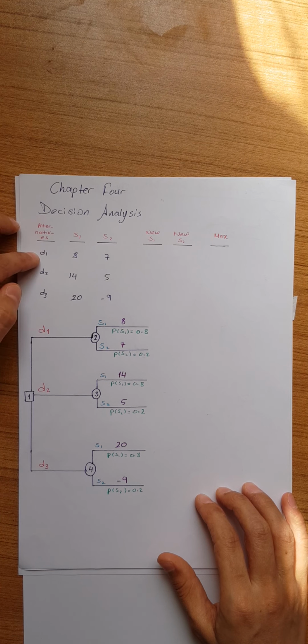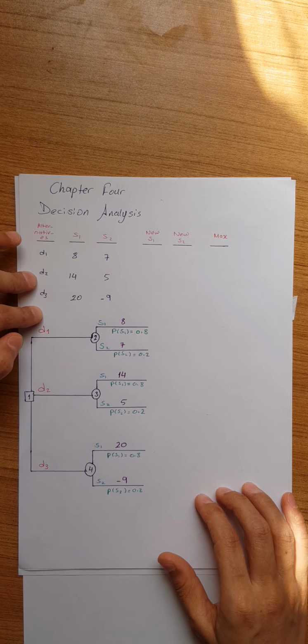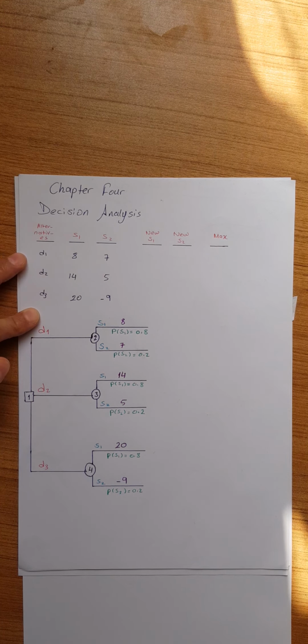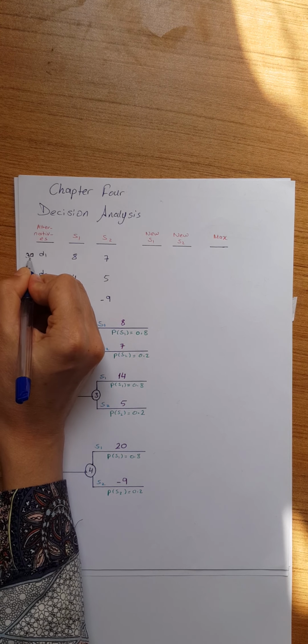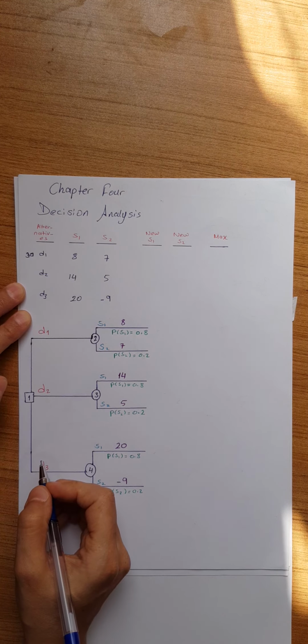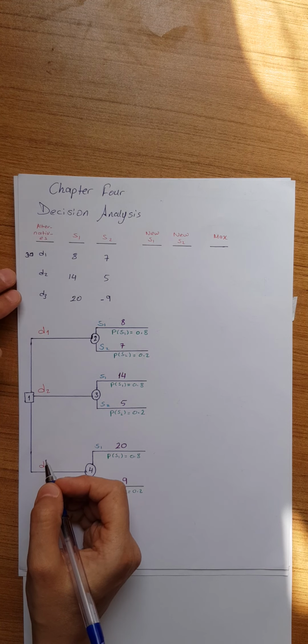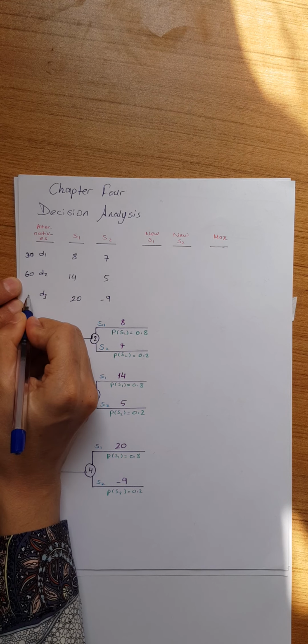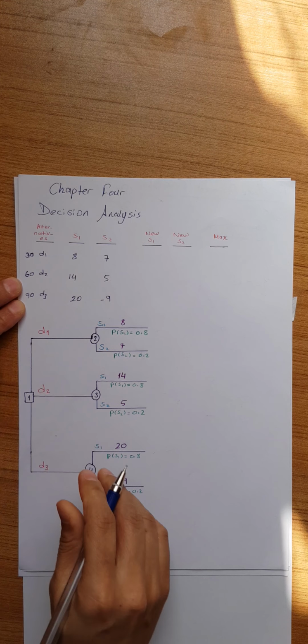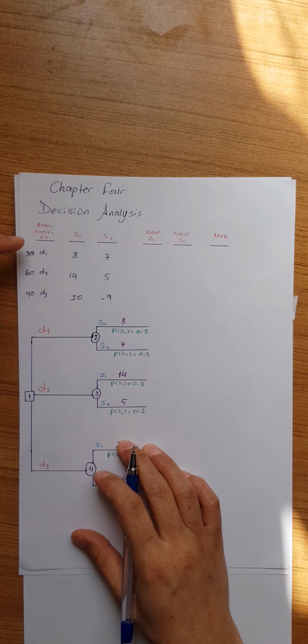The alternatives they have are D1, D2, D3. D1 means they want to build 30 condominiums. For D2 we have 60, and for D3 we have 90 condominiums. So they have three different alternatives to work on.